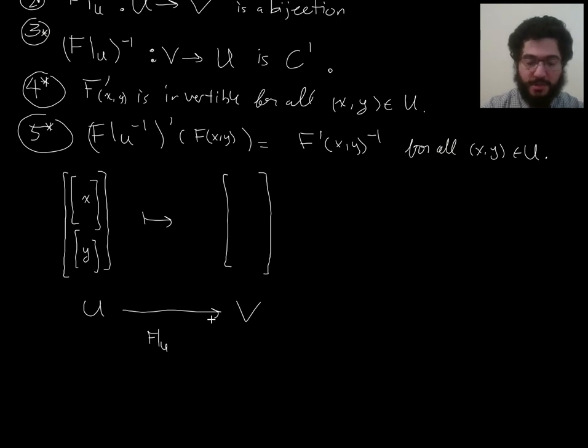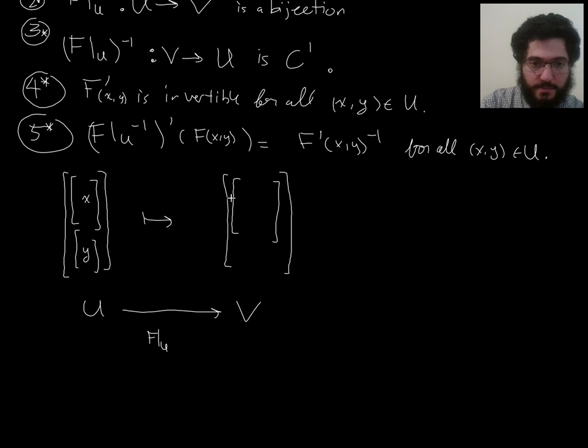Specifically, the way capital F works, going back and looking at the definition of capital F, is that the first n components of the output are actually just little f. So let me make some more room for that. Here you just get little f of x y, which will be an n tuple.